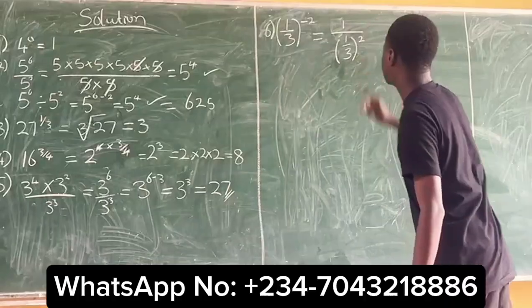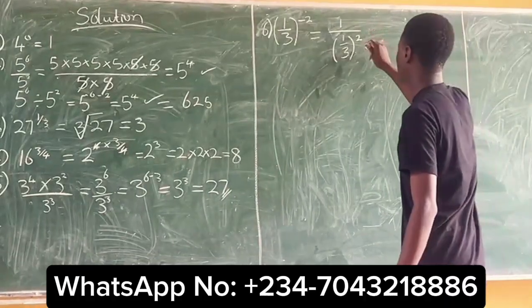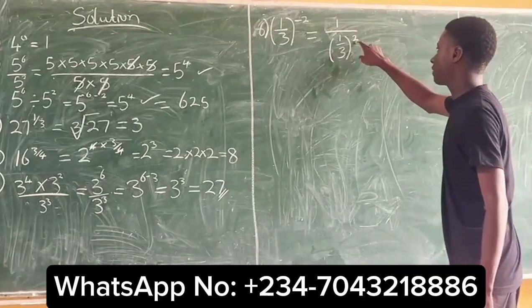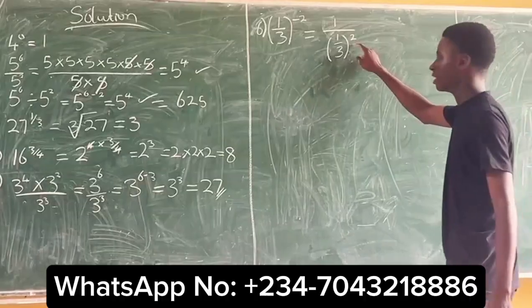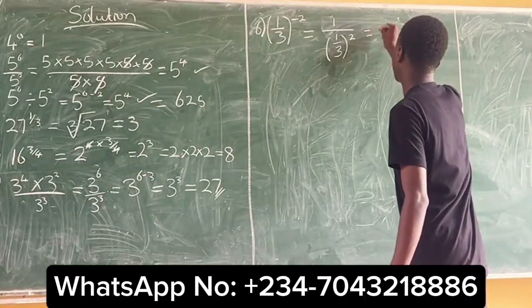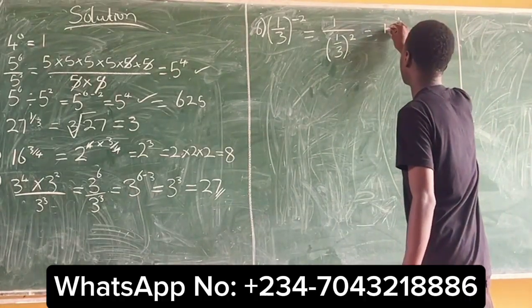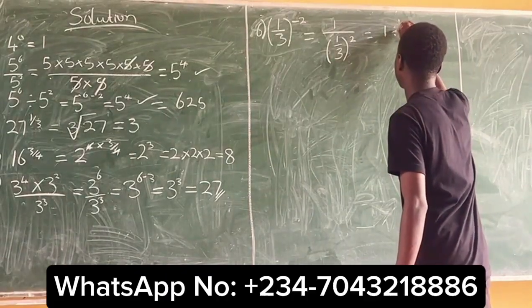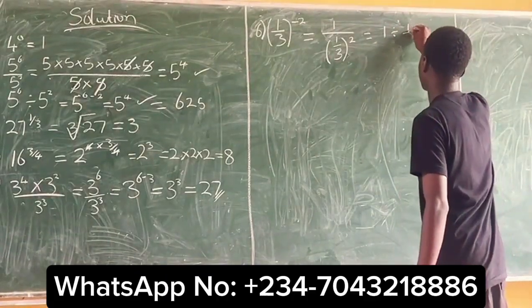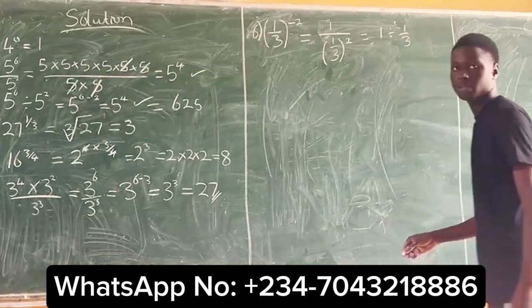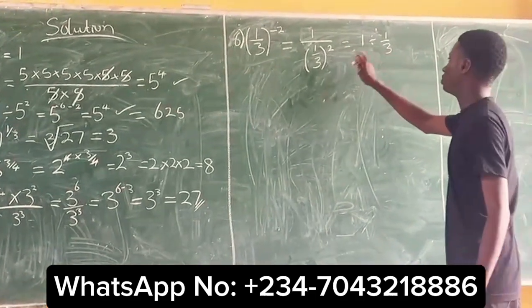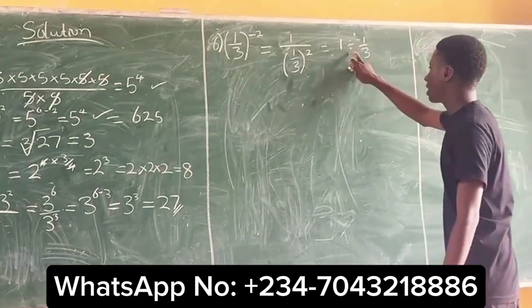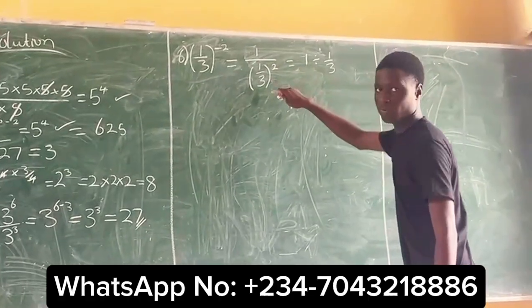Now, if I rewrite this, leaving out the 2 for now, this will give me 1 divided by 1 over 3.